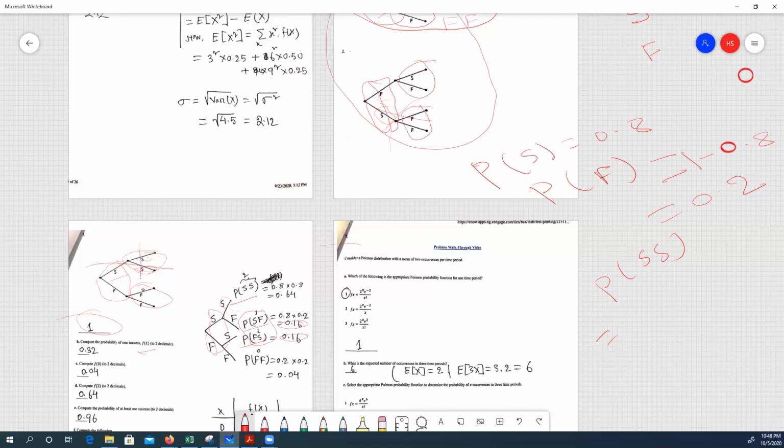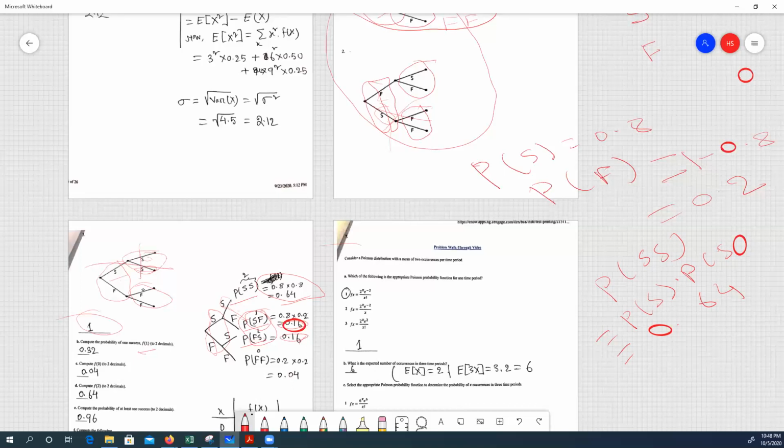So that's why it is called independent. In this case, the probability of this one will be the probability of the first one times the probability of the second one, which is 0.64. Yeah, you can see here 0.64. Similarly, the probability for this one will be probability of S times probability of F, which is 0.16, and this is 0.16. Okay, let's move to the second one.